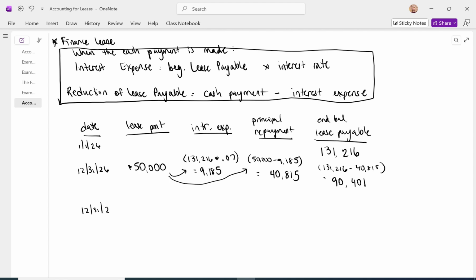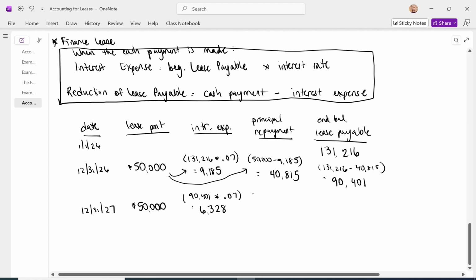We follow the same method for the next 2 years in our final 2 payments. $50,000, now our beginning balance in the loan is $90,401. We've paid some of it off, so our interest expense is going to be lower. Multiply that by 7%, and our interest expense for 2027, $6,328. It should make sense that our interest expense is lower because the amount that we're assumed borrowing has decreased.